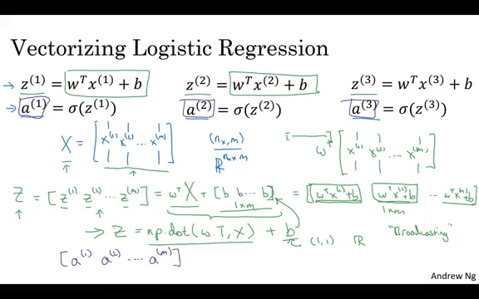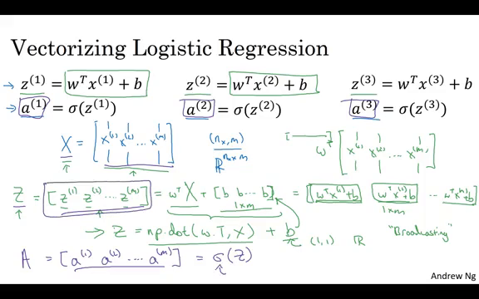Just as stacking lowercase x's resulted in capital X, and stacking means stacking horizontally, and stacking lowercase z's results in capital Z, stacking lowercase a's is going to result in a new variable which we're going to define as capital A. In the programming assignment, you'll see how to implement a vector-valued sigmoid function so that the sigmoid function takes this capital Z as input and very efficiently outputs capital A. You'll see the details of that in the programming assignment.